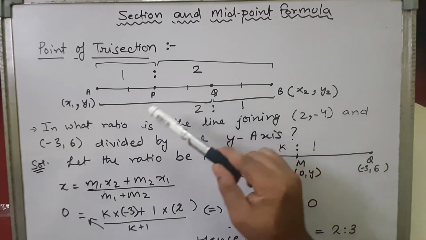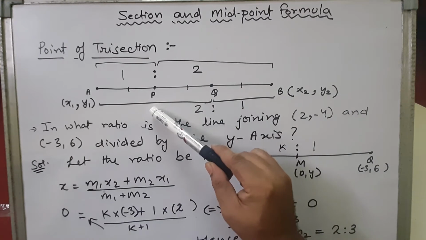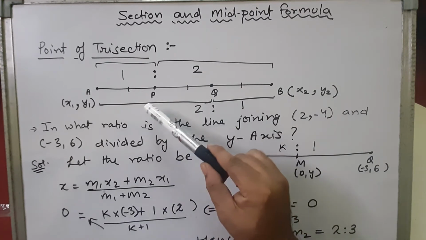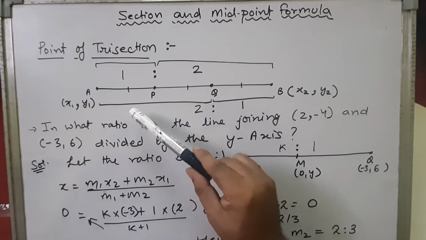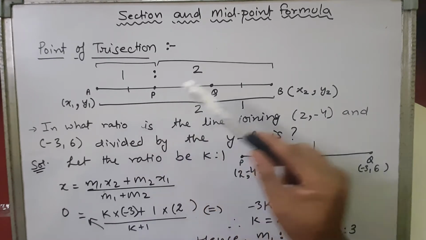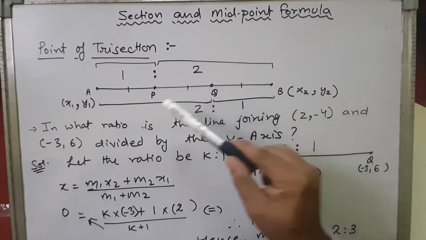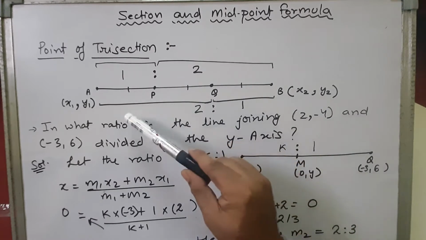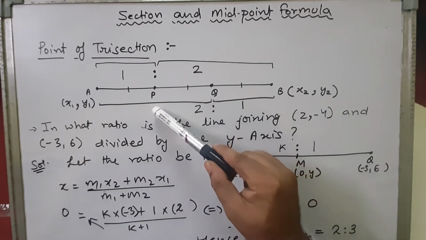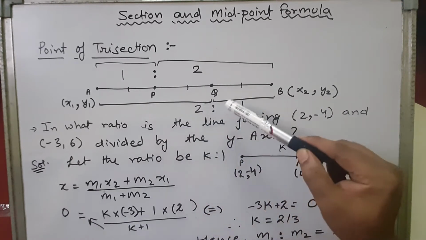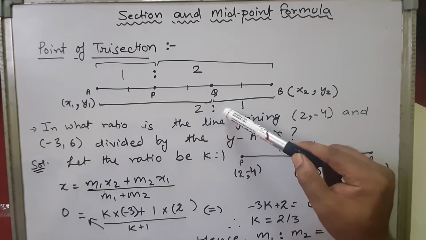So we see that the ratio at which P is dividing AB is 1 is to 2. You can see one part is on the left hand side of P and the other part is on the right hand side of P. So there are 2 parts on the right hand side and 1 part on the left hand side. So P is dividing AB in the ratio of 1 is to 2. And Q is dividing AB in the ratio of 2 is to 1.